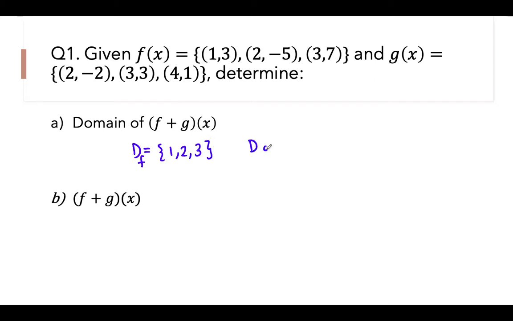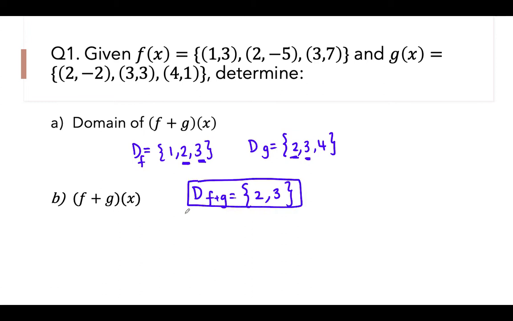The domain for function g is 2, 3, and 4. So these are my x values. If we're adding, the domain for f plus g will be where they intersect. So it looks like 2 and 3 overlap.